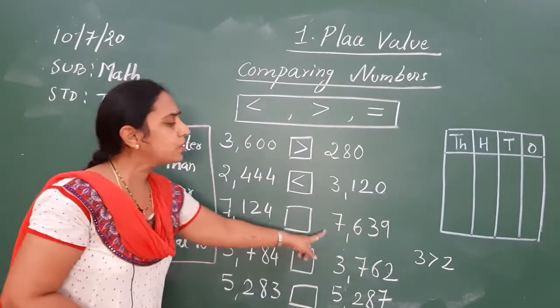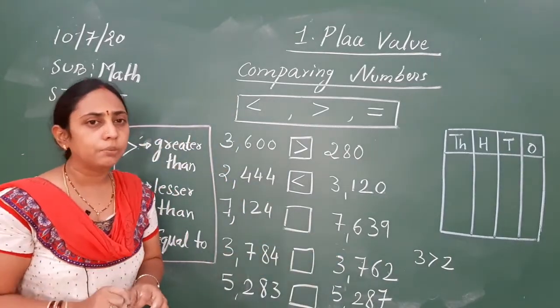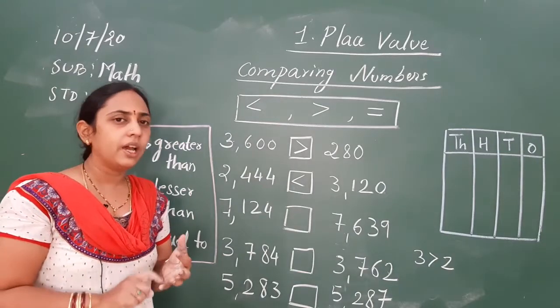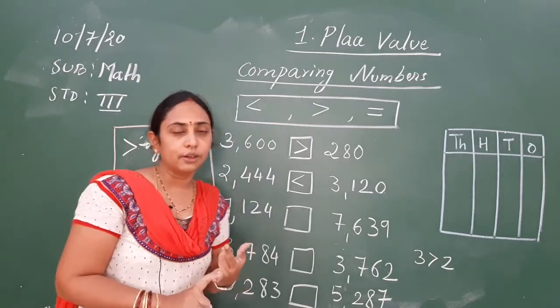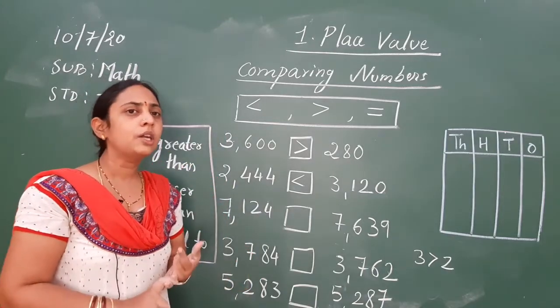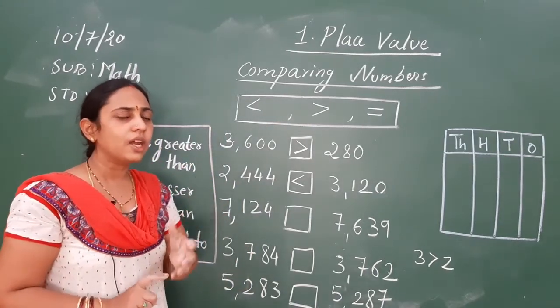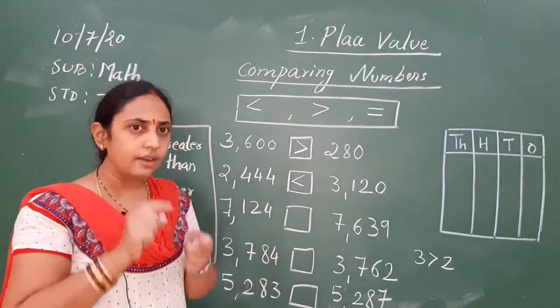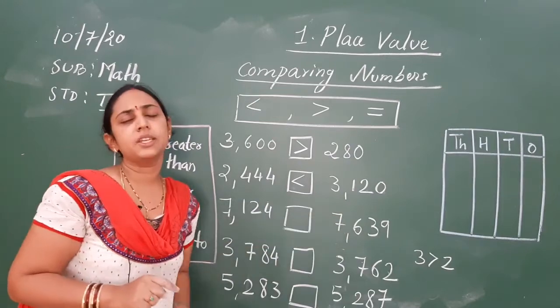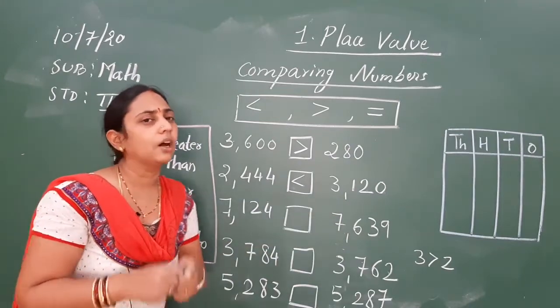So both have equal numbers. So we cannot apply the second rule also. Now we will go with the third rule, right? Now the third rule says after 1000 we should go for hundreds. So we will check in the hundreds place which has the greater number.